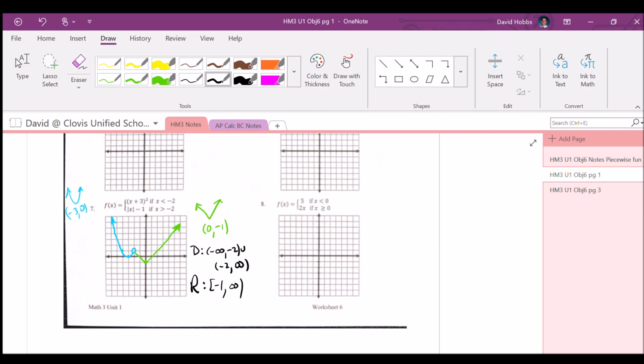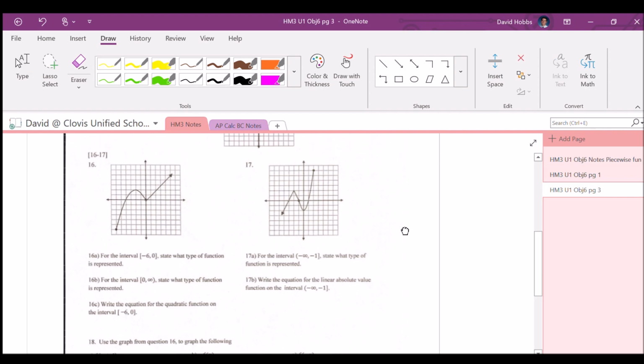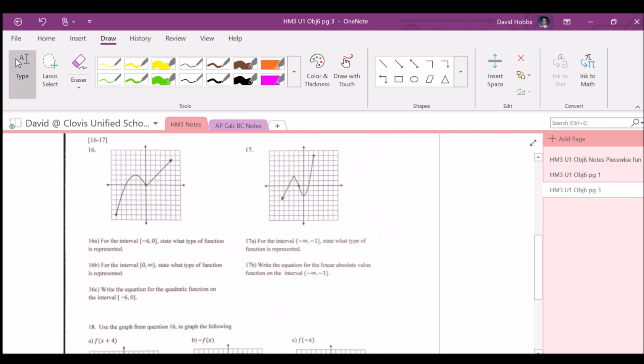Moving on, back page. We're going to take a look at something from the back page here. Number 16. If this is our function, and really 16 and 17, both of these, I do want you to go ahead and write the equation. This is going to be a piecewise function.